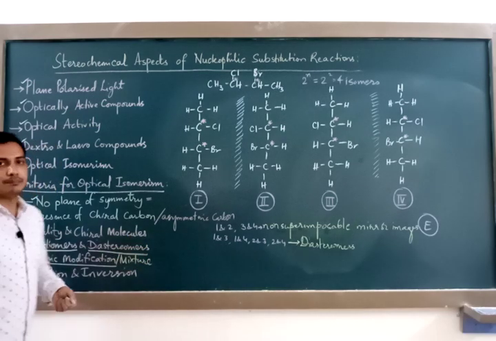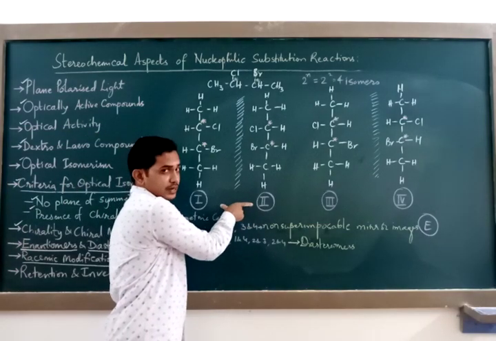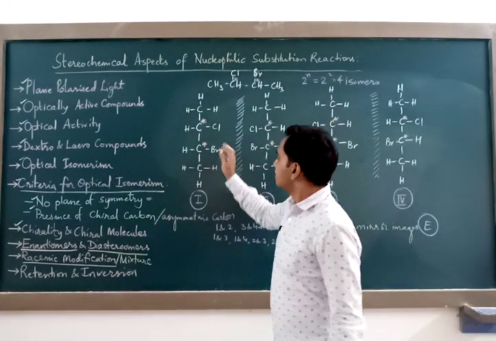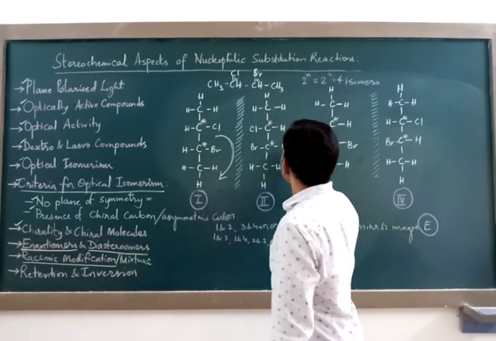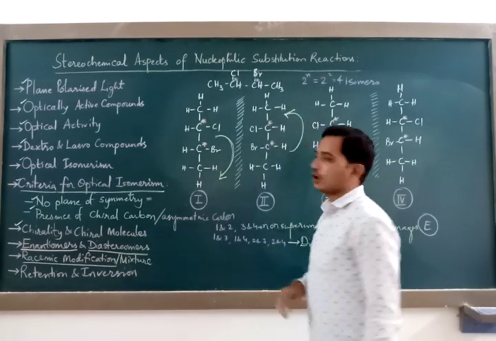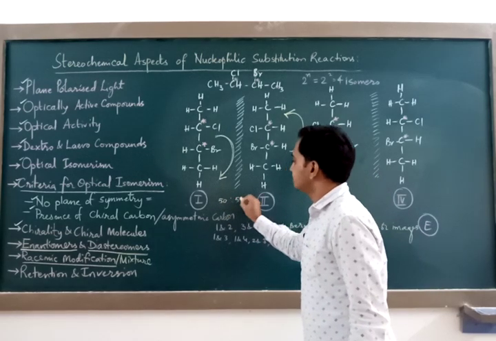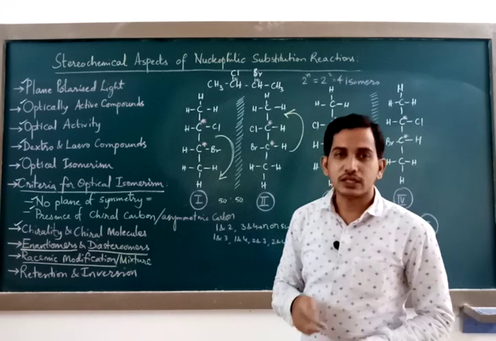If any compound has these two enantiomers in equal proportions, say if this compound is able to rotate light in clockwise direction and the other compound was rotating in anti-clockwise direction, if these two exist in 50-50 ratio, then we say such a mixture is a racemic mixture.